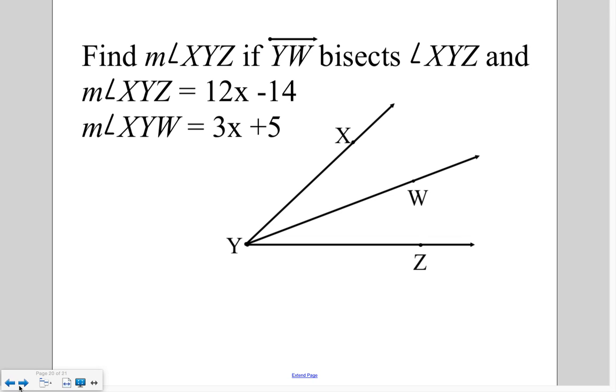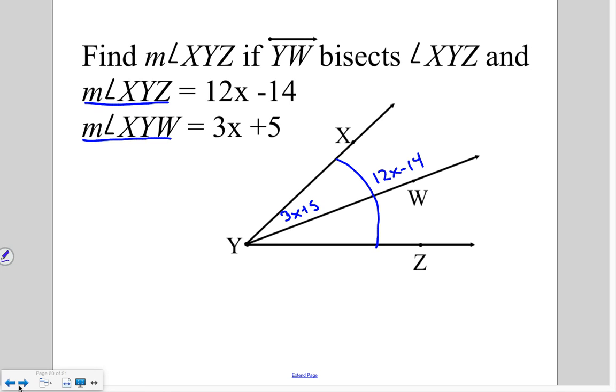This is a little tricky. You got to be careful and you have to read these angles. The first angle we're given here as an expression is angle XYZ. It's the full angle, right? So the full angle is 12x minus 14. The measure XYW, that's the smaller one, is 3x plus 5.